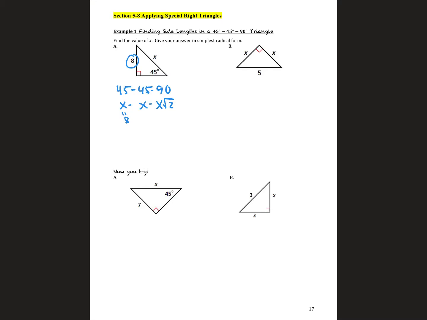So x is 8, and so this one's 8, and this is 8 radical 2. Once you get that one of them's equal, you just plug into the others. So 8, 8, 8 radical 2. So the side that they're trying to find, even though it says x, it's not really x from what we calculated. It's the one that's across from the right angle, and so therefore the answer is 8 radical 2.